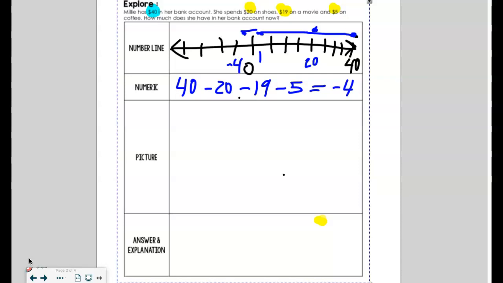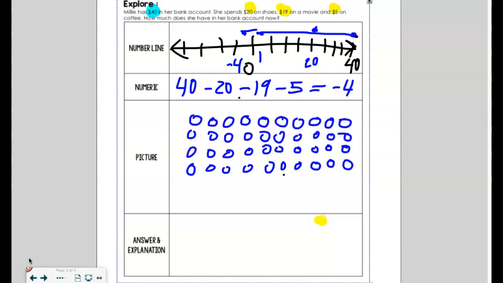So picture-wise, we start with 40. Okay, so we have 40 dots. If we take away 20, that's going to be 2 rows. So we have 20. Then we have to take away 19.